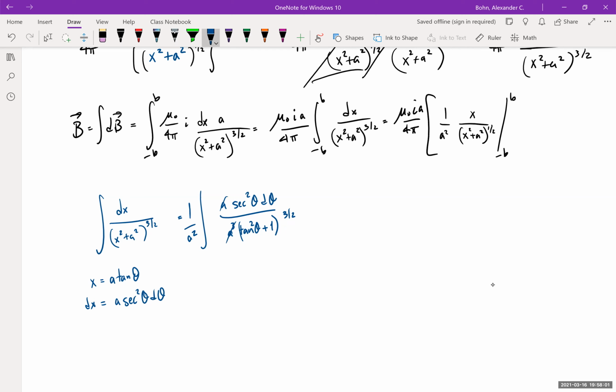Tangent squared plus 1 is secant squared, right?